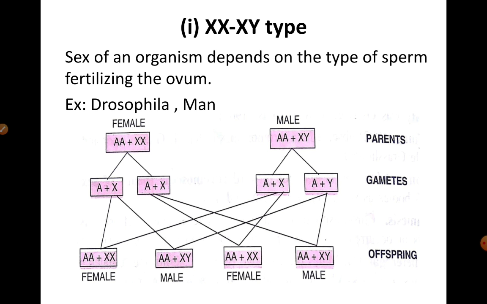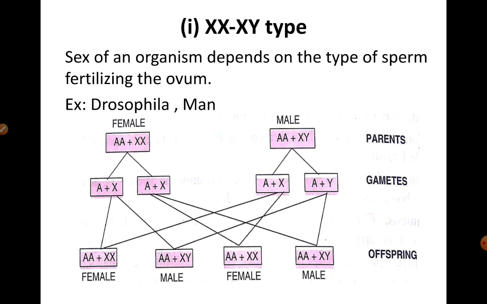Now in human beings, you know that we have 22 pairs of autosomes and 1 pair of sex chromosomes. So the ova formed by the female are similar in their chromosome type, meaning to say they'll have 22 autosomes and 1 X chromosome. Therefore, the females are homogametic because both the haploid gametes will show the presence of 22 autosomes and 1 X chromosome.